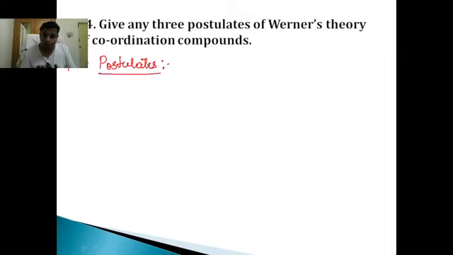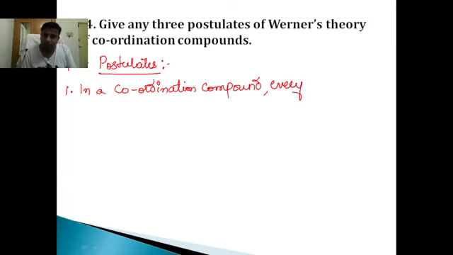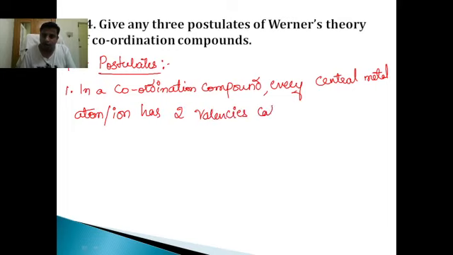Postulates. First one: in a coordination compound, every central metal atom or ion has 2 valencies called primary valency and secondary valency.